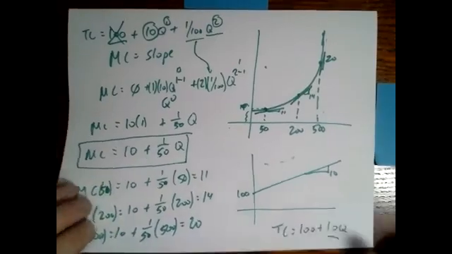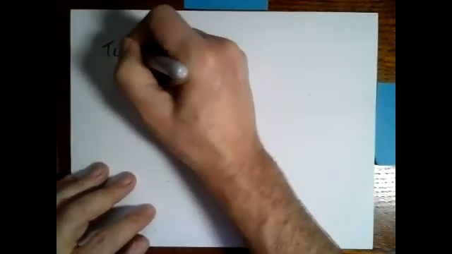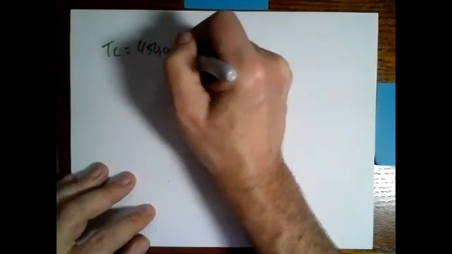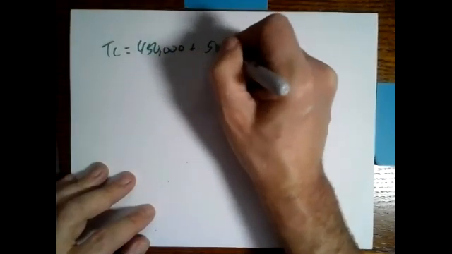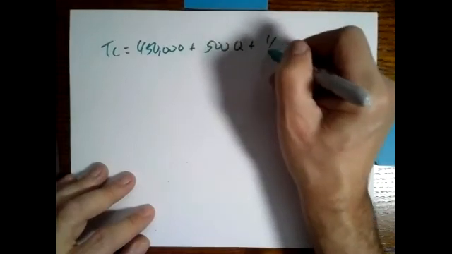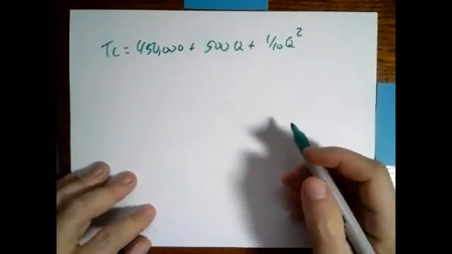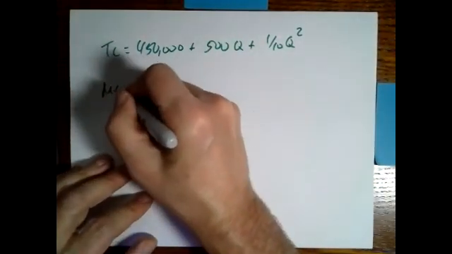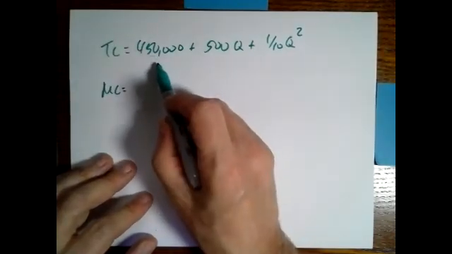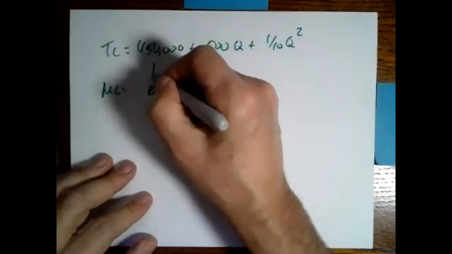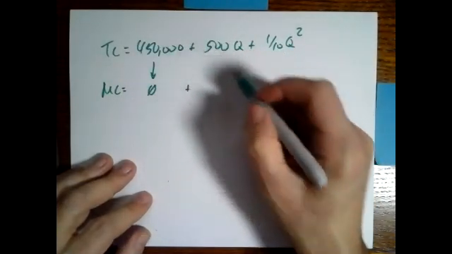We can practice one more so that you can rehearse it. Okay, so let's do the 450 example. So total cost is 450,000 plus 500Q plus 1/10 Q squared. All right, so for marginal cost, we're going to ignore the 450,000. That's just going to go away, so it becomes 0.